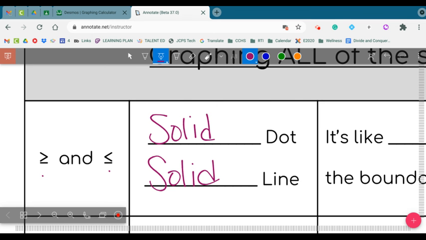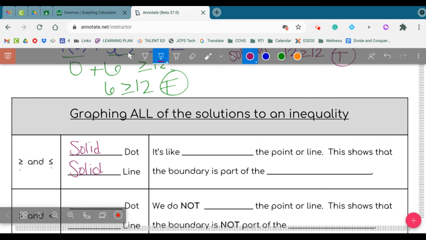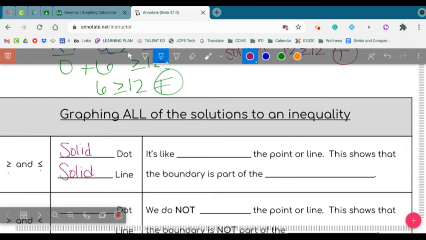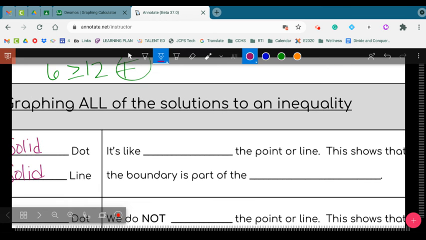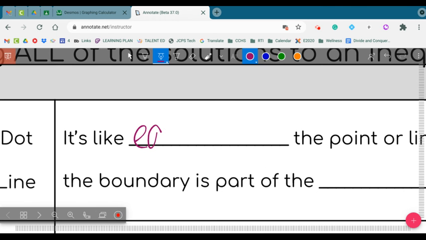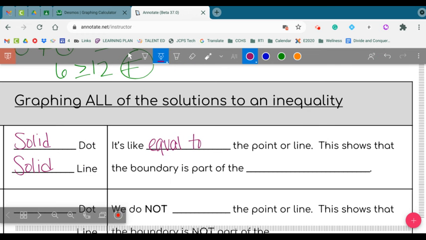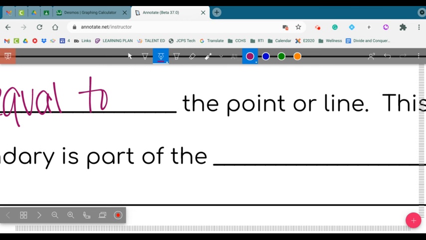If there's a line underneath it, it's equal to the point or line. So if you are given a point that's on a solid line, it is a part of the solution. This shows that the boundary is part of the solution.